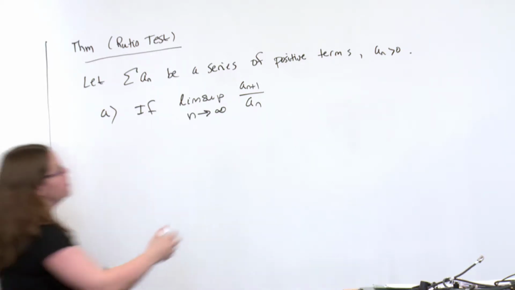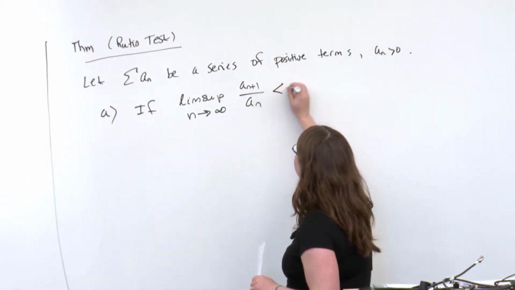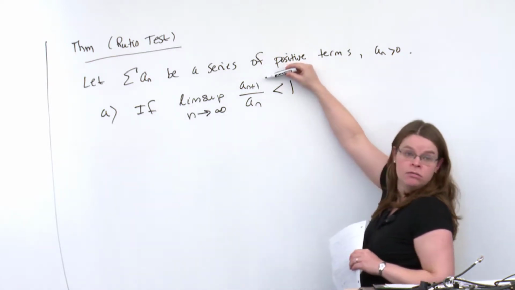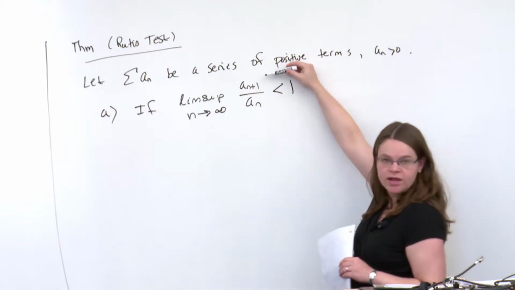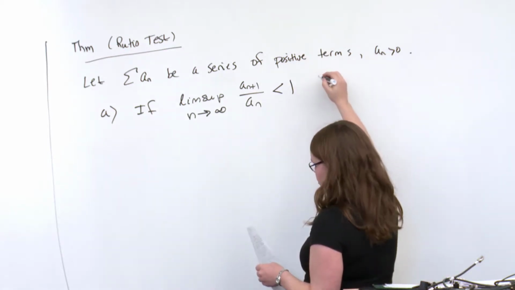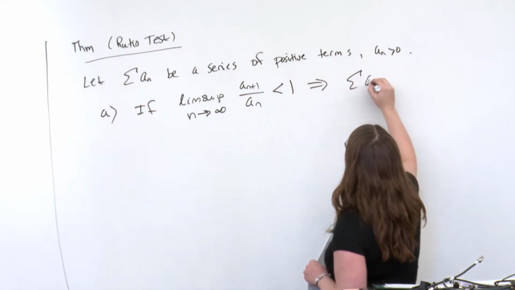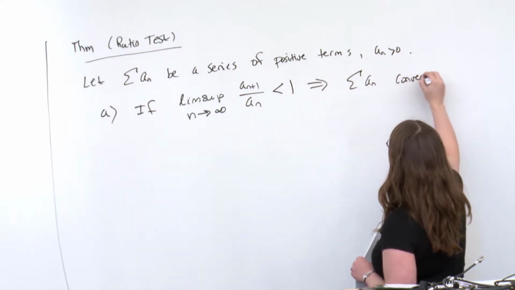So if this limit superior is not 1, but strictly less than 1, then we're going to say that these terms are getting smaller, and they're getting smaller quickly enough, and the series is going to actually converge. So then we're going to say a_n converges.